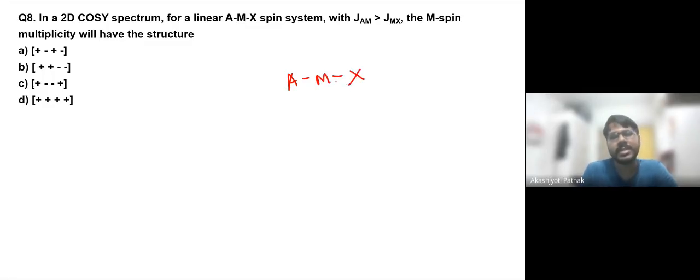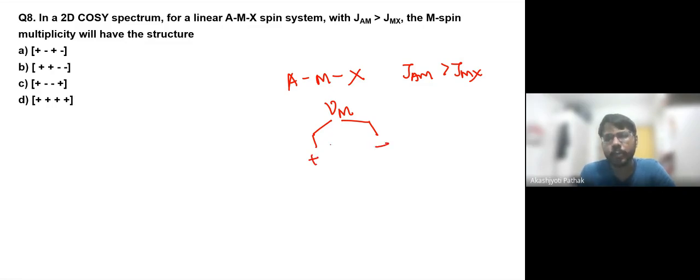If we consider M, and JAM is greater than JMX, first of all this JAM will result in splitting of the M spin into plus and minus. And then again there will be a passive splitting by this.